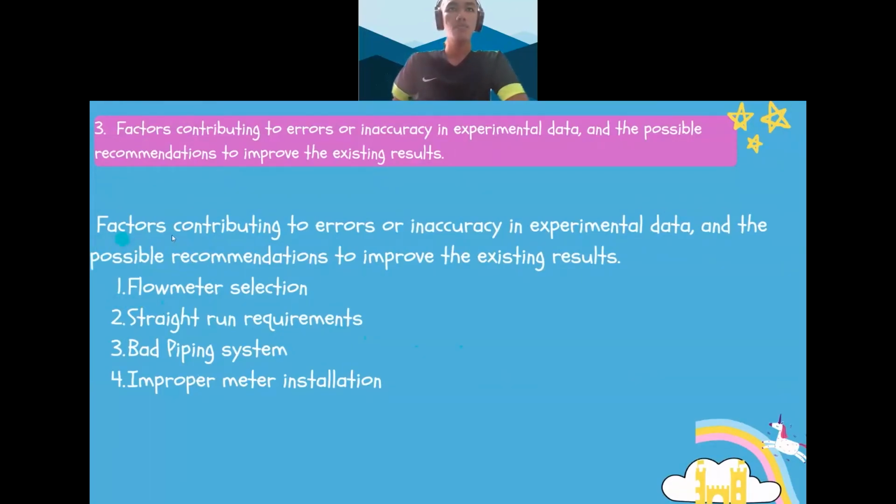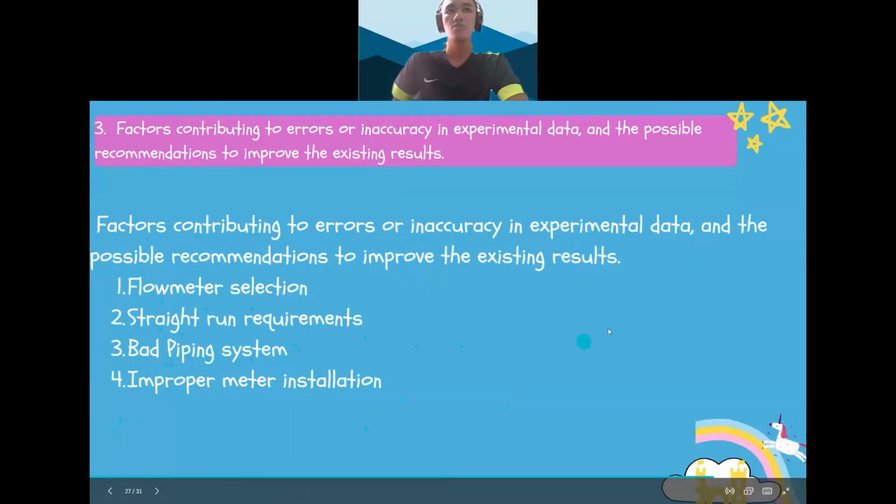Maybe the error occurs in flow meter selection or straight run requirements, but the factor might also be due to a bad piping system, or the error might be because of improper meter installation.